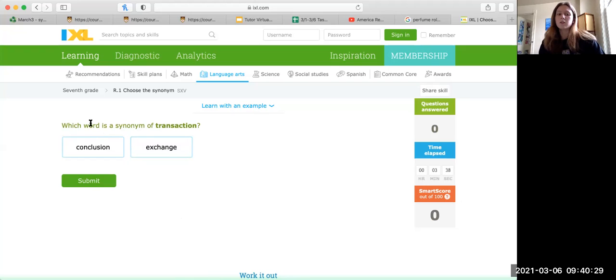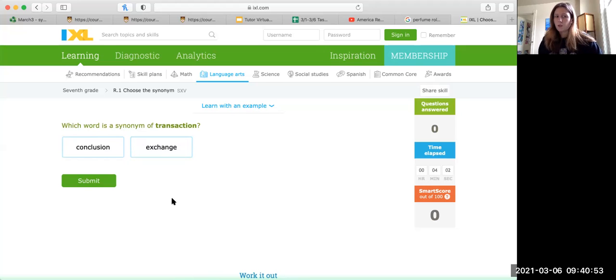So the first question: which word is a synonym of transaction? Let's think of what transaction means. Maybe you would go through a transaction at a cash register. I would be buying something and giving them either my credit card or some money or something else.